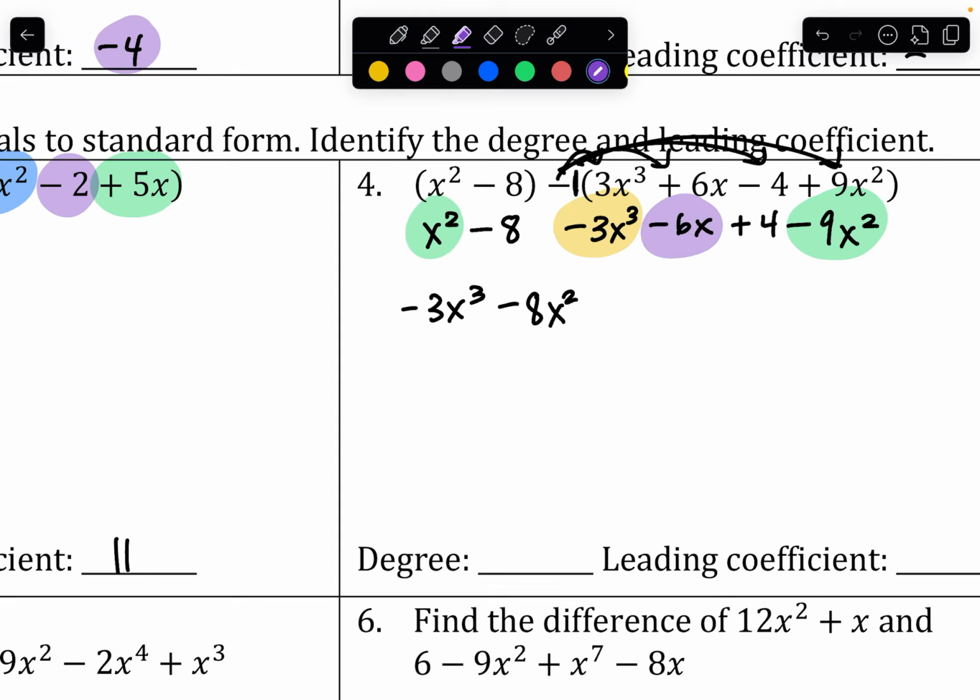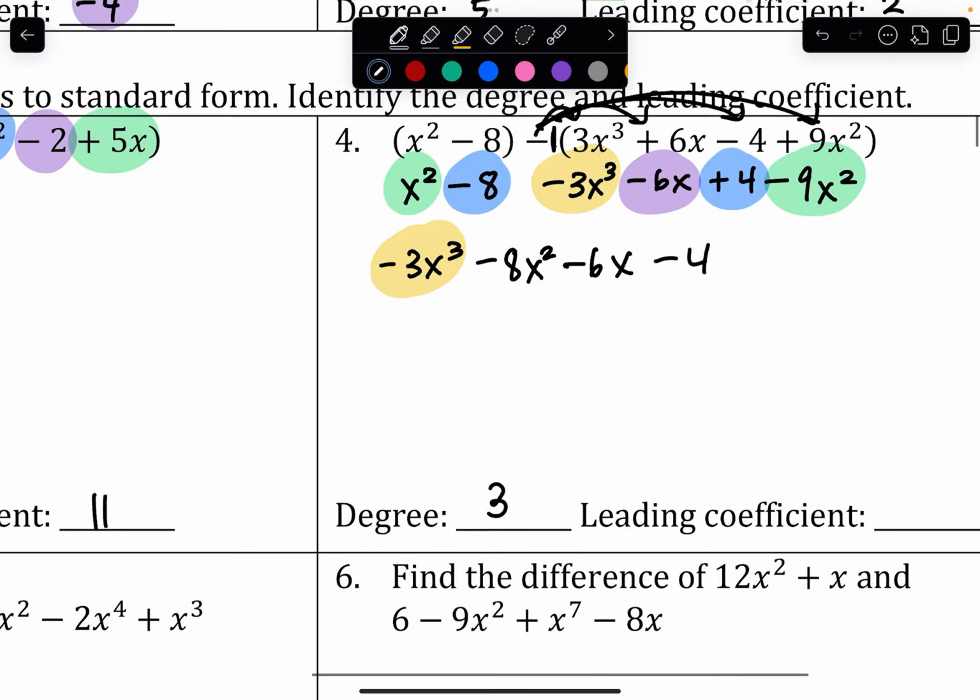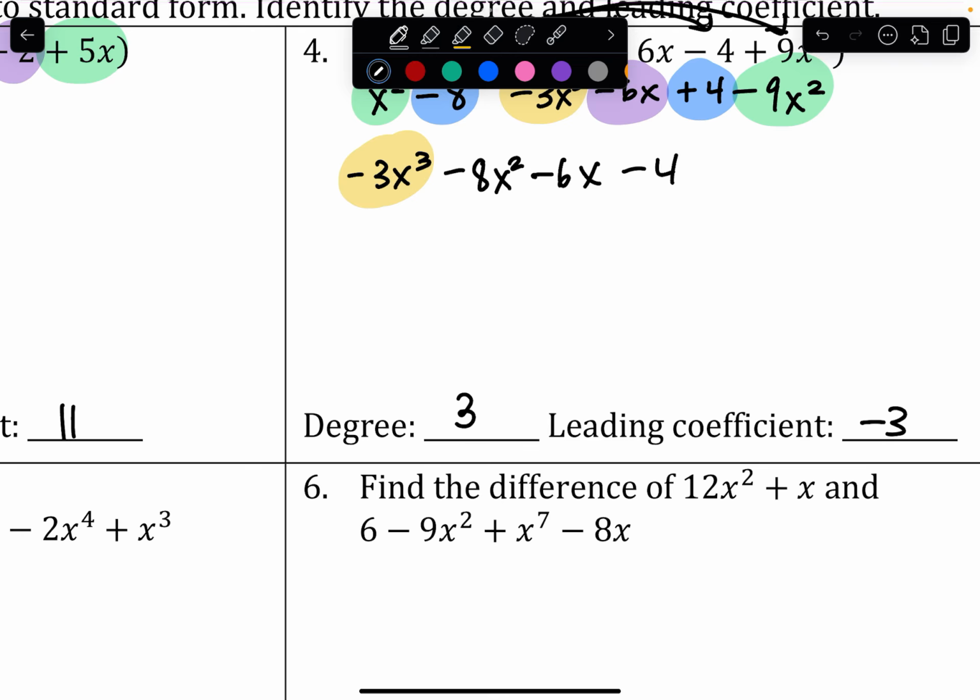So negative 6x, that's the only one. And then last, we have negative 8 plus 4, which is negative 4 for the constant. And so looking at our first term, our degree is 3, and our leading coefficient is the negative 3 that's in front.